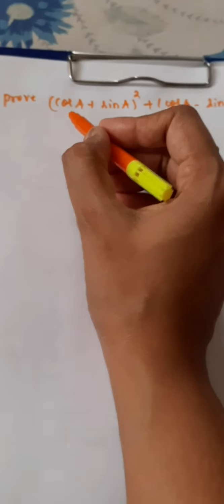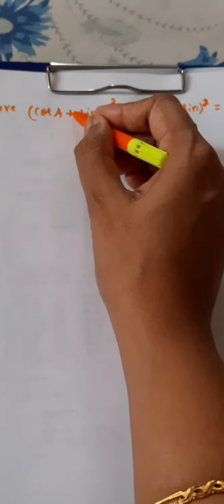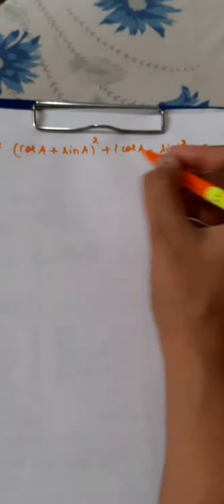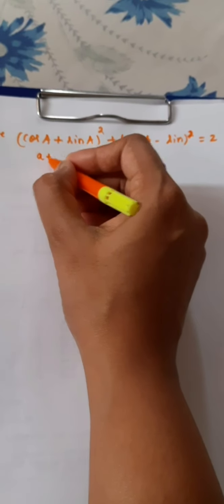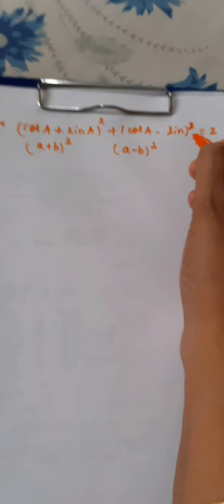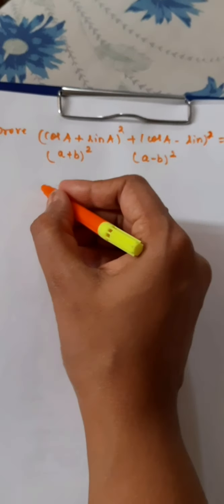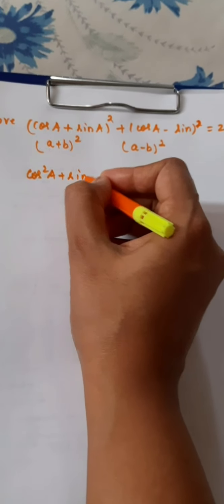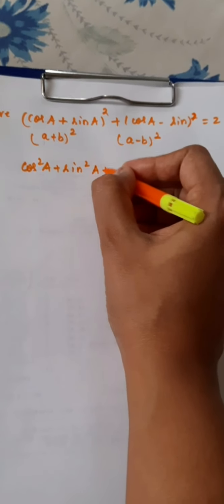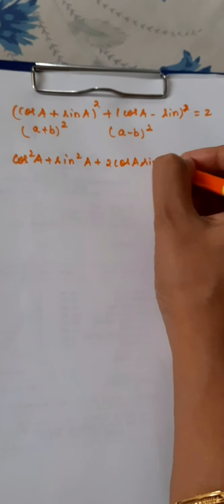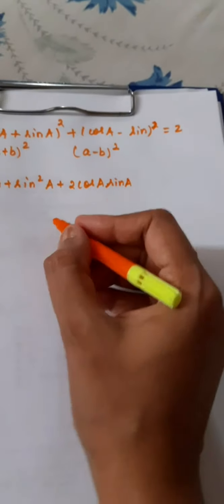Next, question 16. Prove cos A plus sin A whole square plus cos A minus sin A whole square is 2. So this is of the form A plus B whole square and A minus B whole square. We need to expand it, which is A square plus B square plus 2AB. So cos square A plus sin square A plus 2 cos A sin A. In the same way, the next one is the A minus B whole square formula.